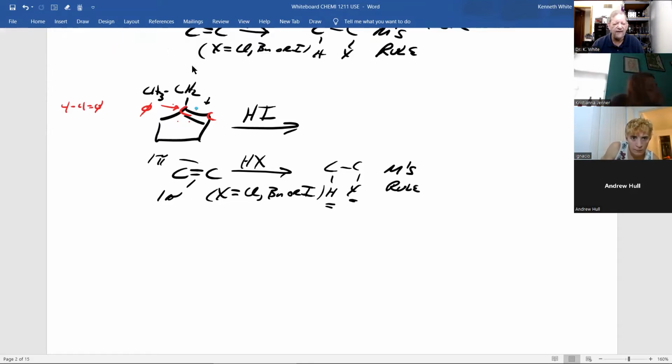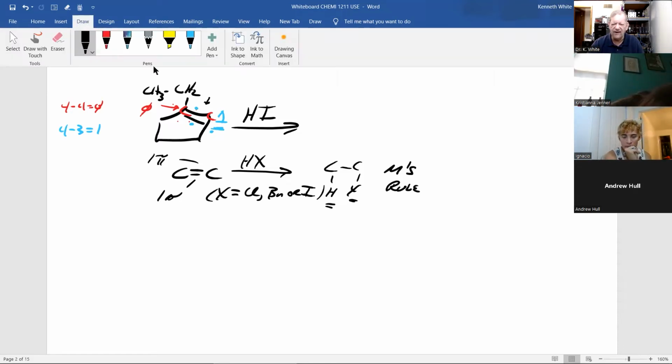There's 1, 2, 3 bonds to it. 4 minus 3 equals 1. So this carbon has 1, which is the larger number. Remember, Markovnikov's rule is the carbon of the double bond with the most hydrogens gets the hydrogen coming in, which would be here.